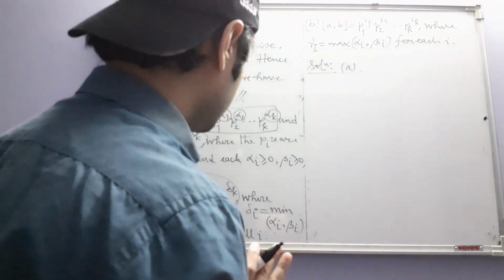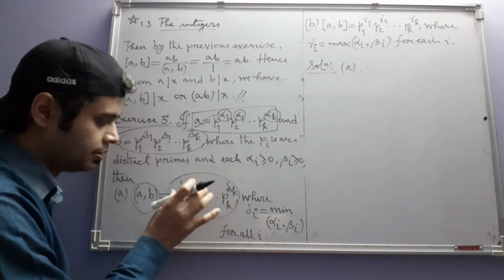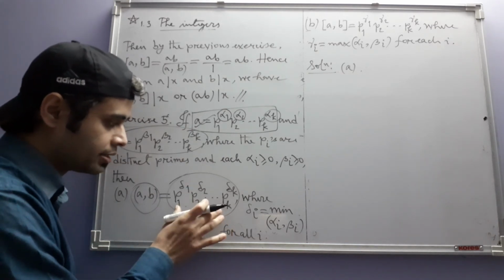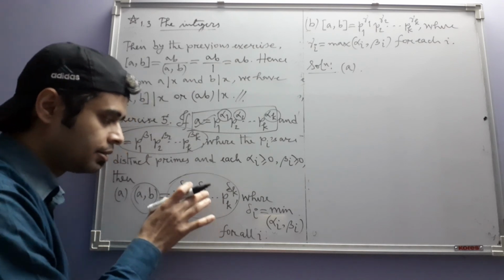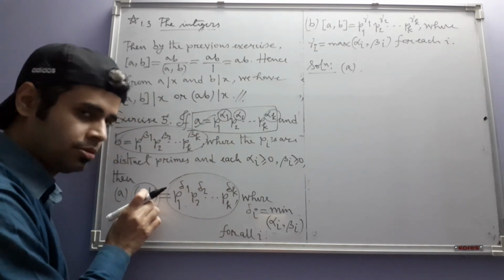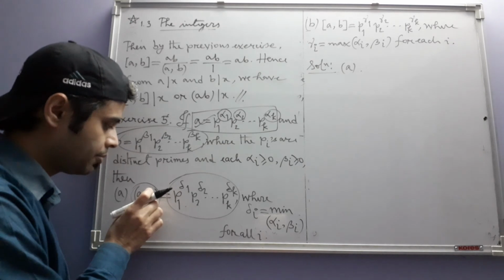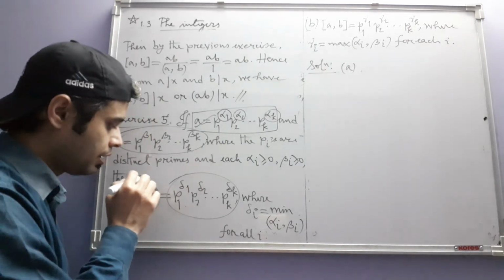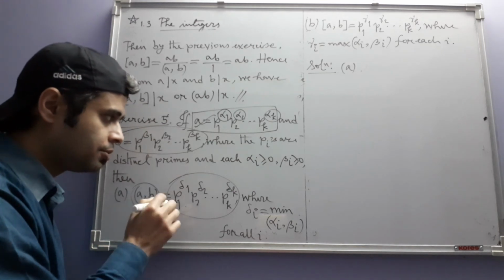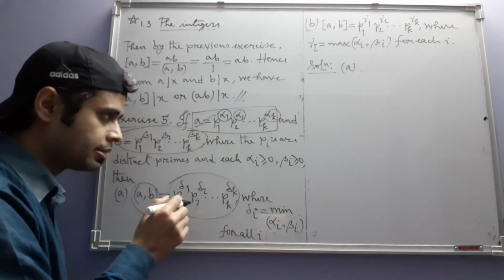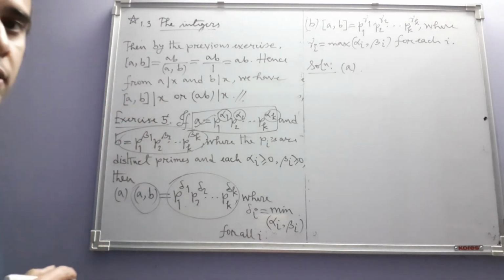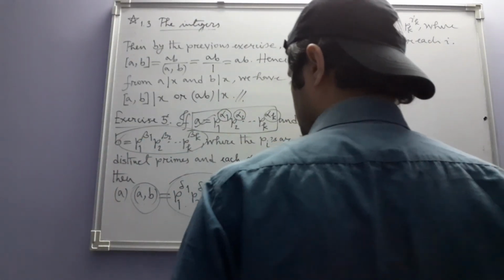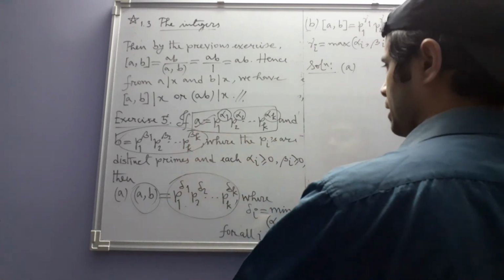The definition says that this is a positive integer that should divide both A and B and should be divisible by any integer that also divides both A and B. So first of all, we have to show that this divides both A and B.